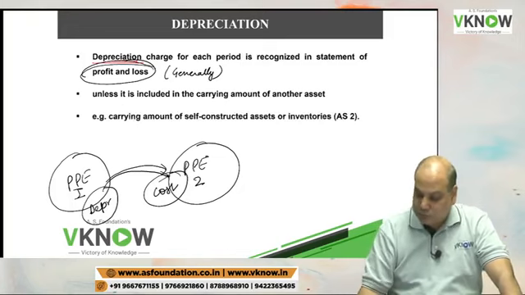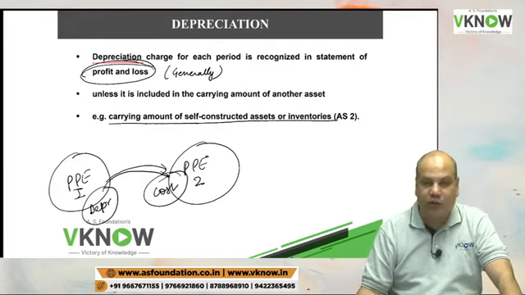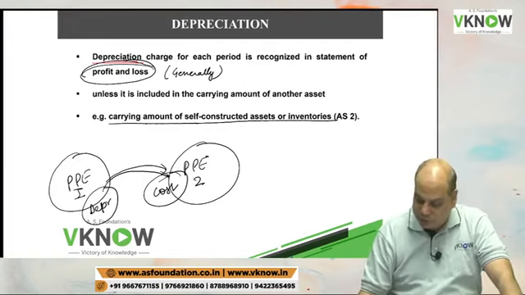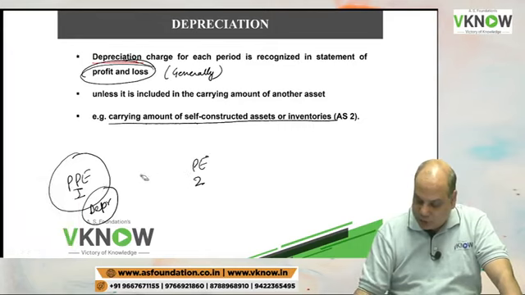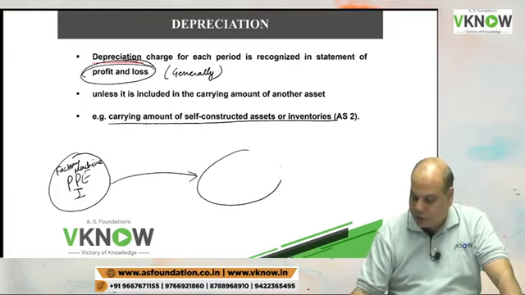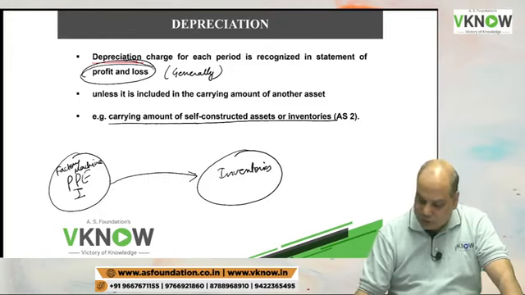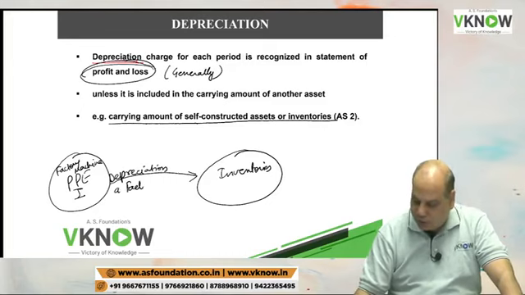Next point, for example, carrying amount of self-constructed asset or inventory. One more thing I need to tell you: if suppose there is a factory machine used for manufacturing of inventory, then the depreciation is a factory overhead.